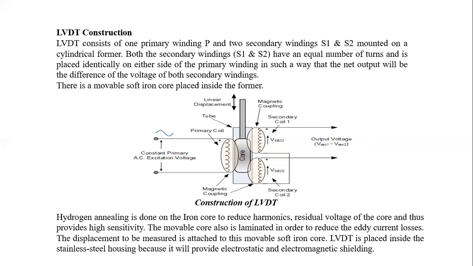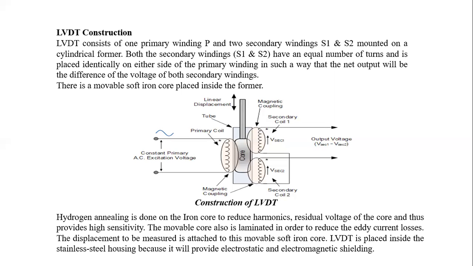Hydrogen annealing is done on the iron core to reduce harmonics and the residual voltage of the core, and thus provides high sensitivity. The movable core is also laminated in order to reduce eddy current losses.